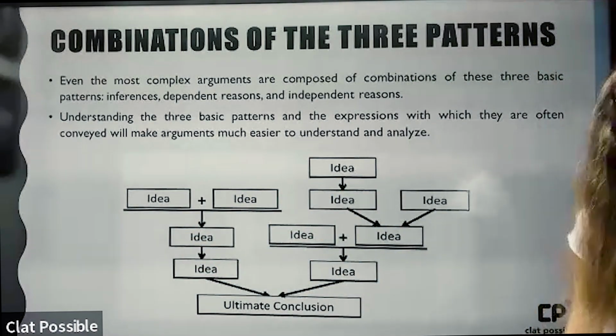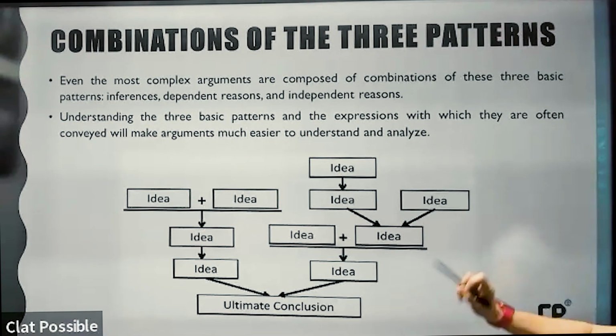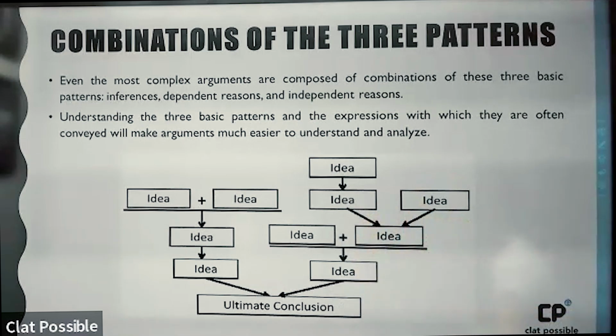So the overwhelming data in the passage, rather than confusing you, should be helping you to map the final conclusion. But ultimately, the final conclusion is where all the ideas go in, right?